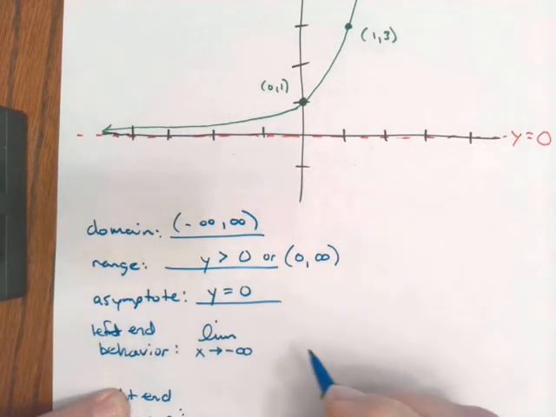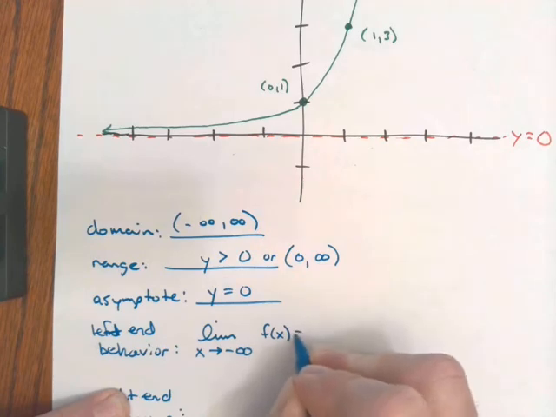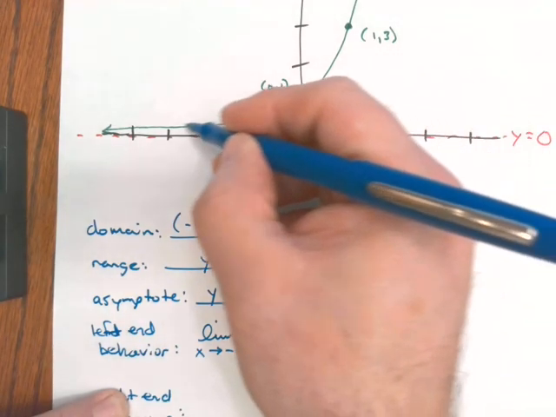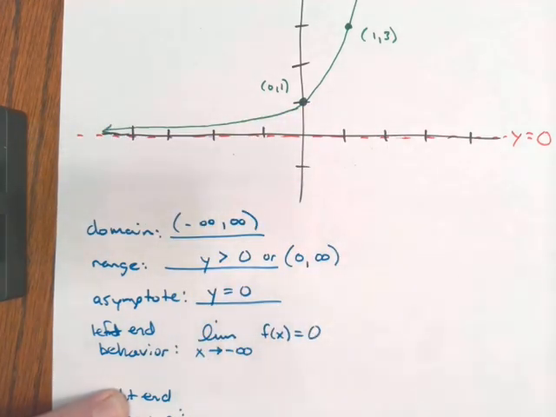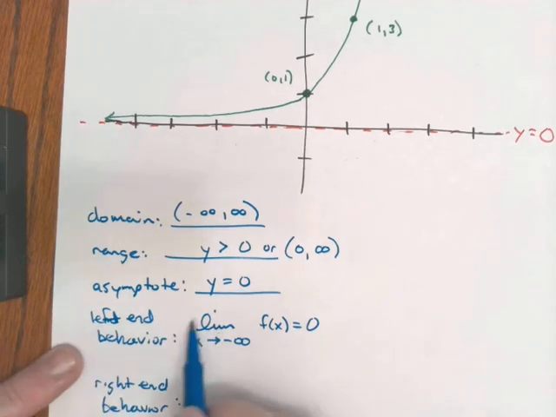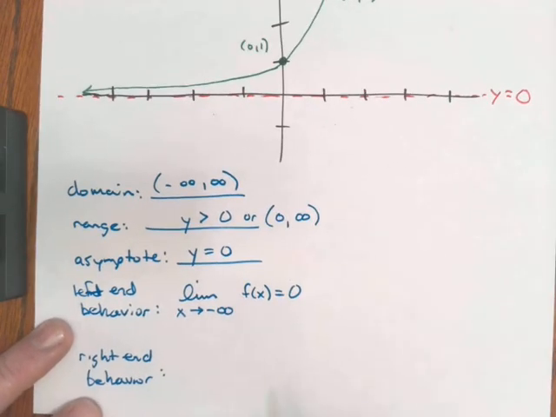As you go to the left for forever, what is the height of your graph doing? What is y doing? Or instead of y, what is f of x doing? Well, our graph is getting closer and closer and closer to a height of 0. So there is a limit that describes the left end behavior. As you go to the left as far as you can go, the height of our graph gets really close to 0.